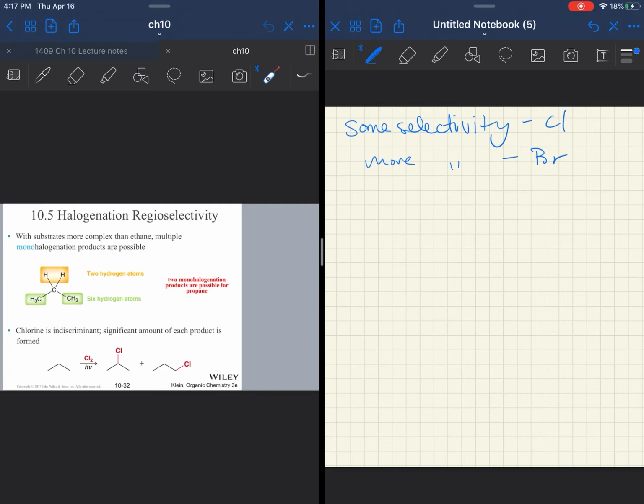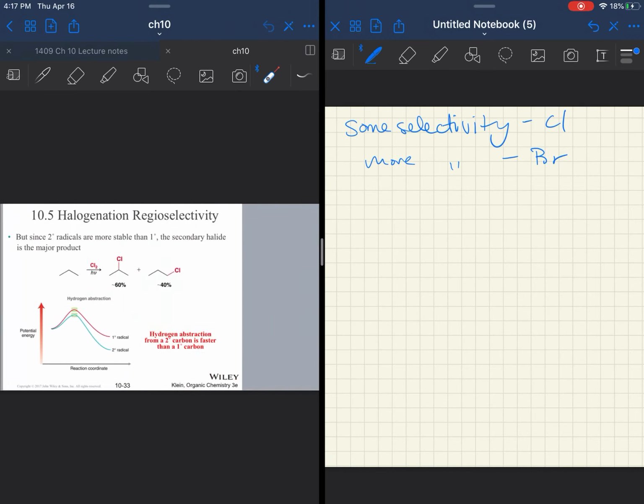But when we look at more interesting alkanes, we have different options now. You are going to see that the chlorine could add to the 2 position or to the 1 position. But when we look at the breakdown, you do get a slight preference here for the 2-chloropropane. And it's all based on that intermediate, right?